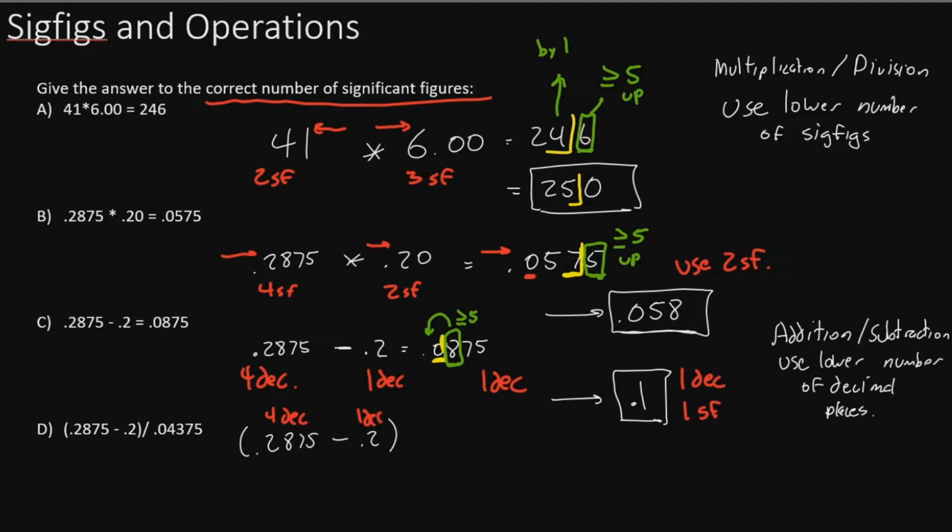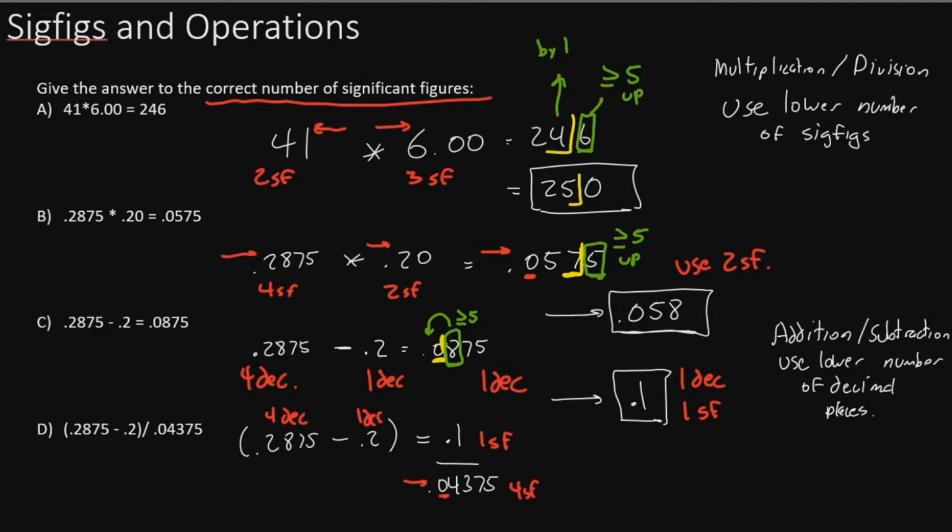And we know that's the same thing as really just saying 0.1, which is just one significant figure. Now we divide that 0.1 we got from the previous step over 0.04375, which is 4 significant figures. Again, we're coming from left to right. The 0 is not significant, but everything else is.